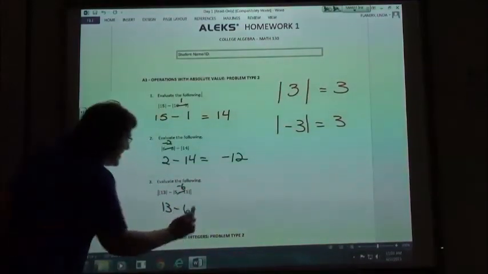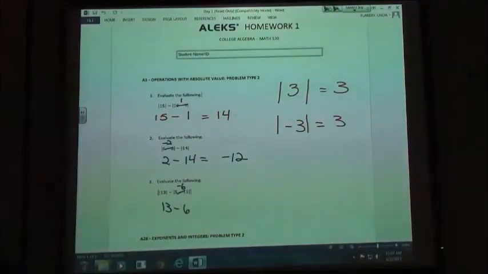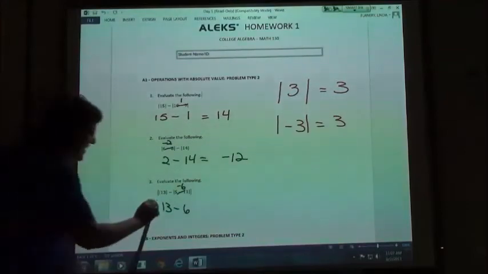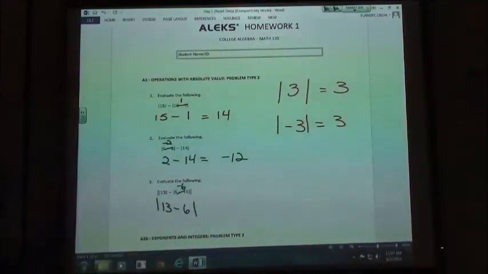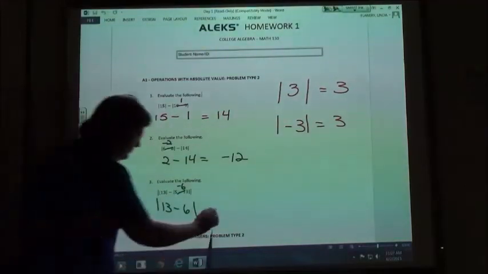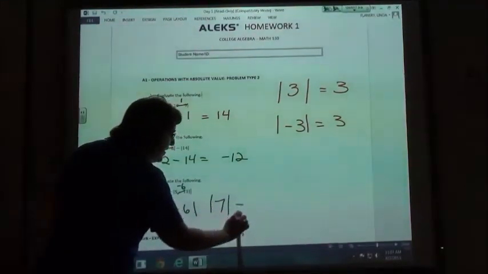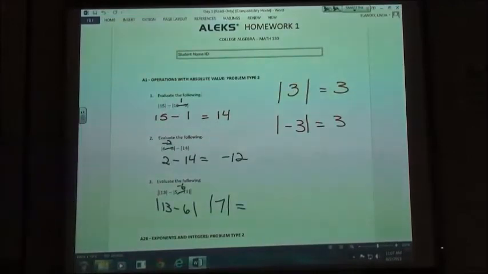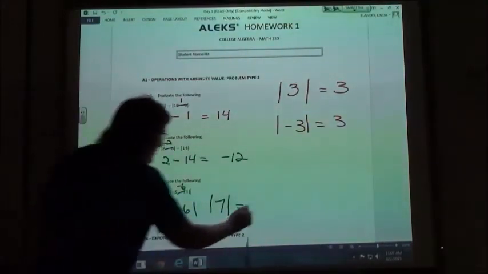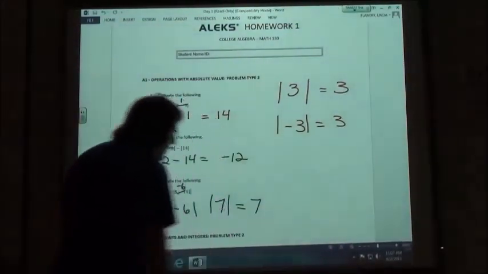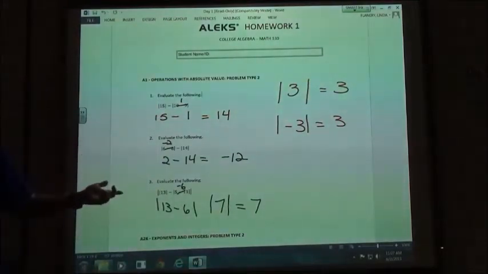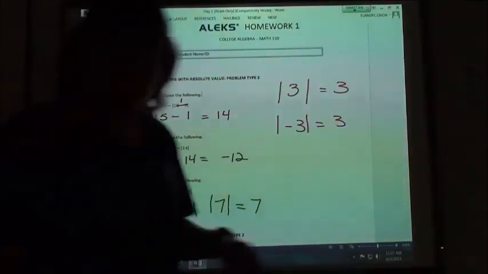I'm going to have to get out my list and start calling on people if you guys can't talk. These are still in the absolute values. 13 minus 6 is? 7, and the absolute value of 7 is? 7. Any questions on those three? You know how to do those, you're good.